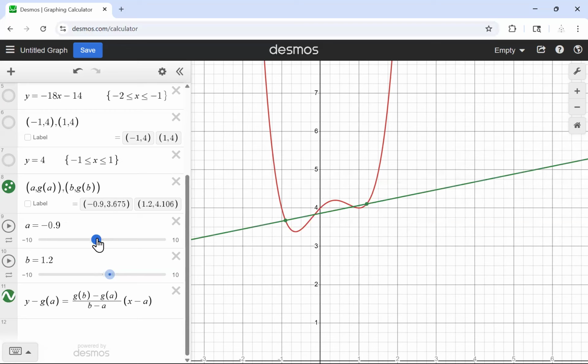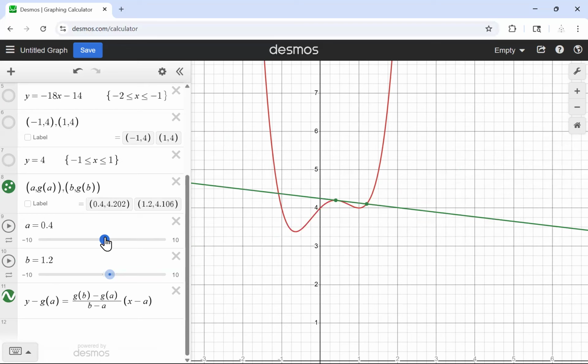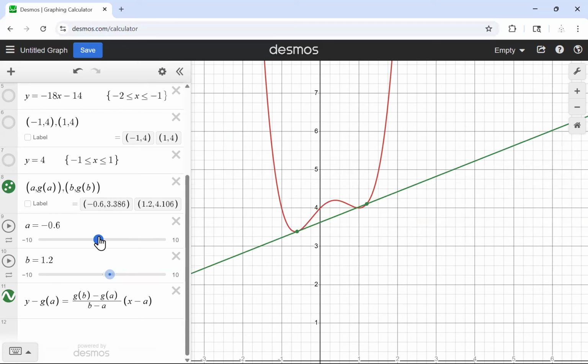Obviously, as you move around, those slopes will change all the time. And you're saying, on average, how are those things changing? So there you go. That's the idea of average rate of change. It's the slope between 2 points on a graph. And in general, it tells you on average how fast is that graph changing between those 2 points.